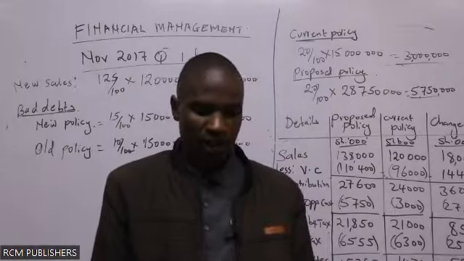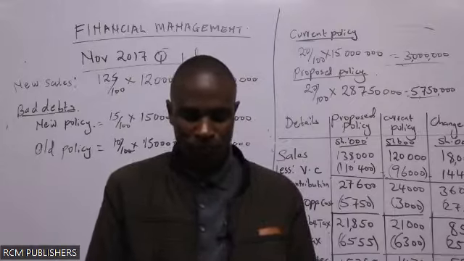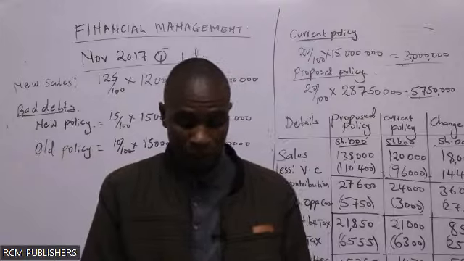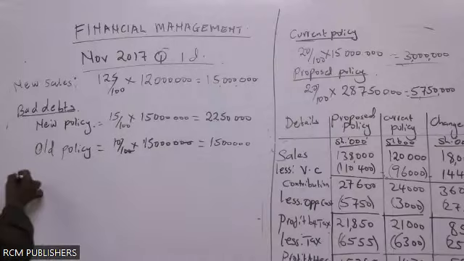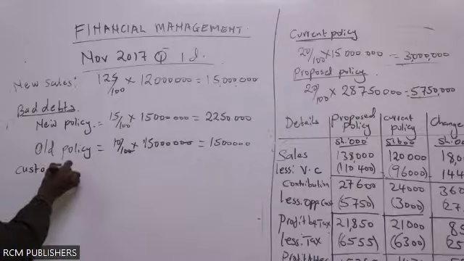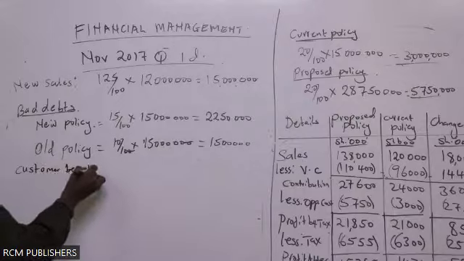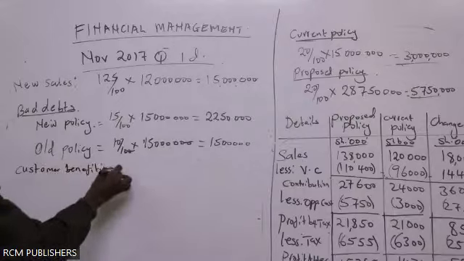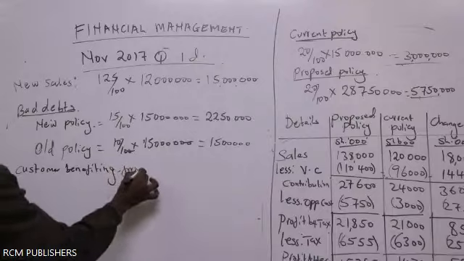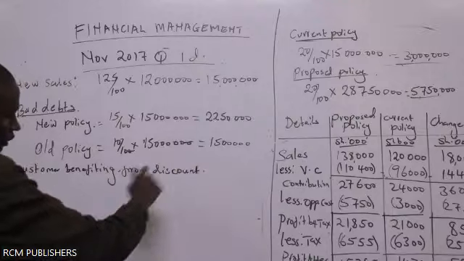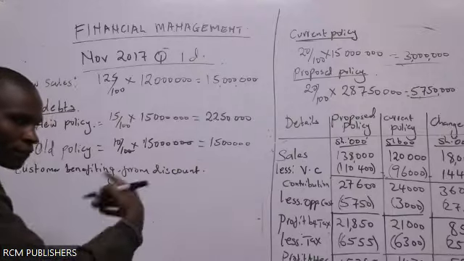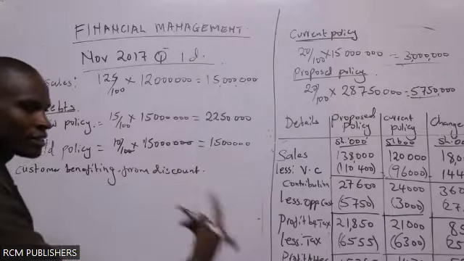Okay. Therefore, let's check. Customers who will benefit from a discount offer, in a change from net 30 to 3/10 net 60.